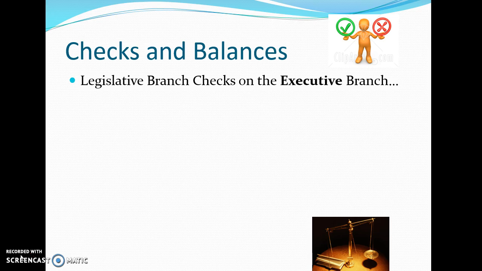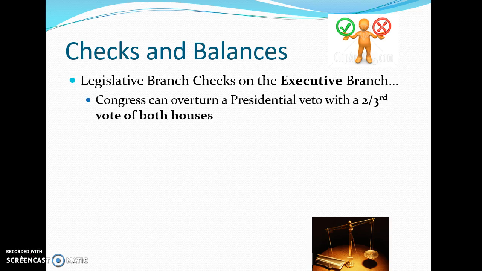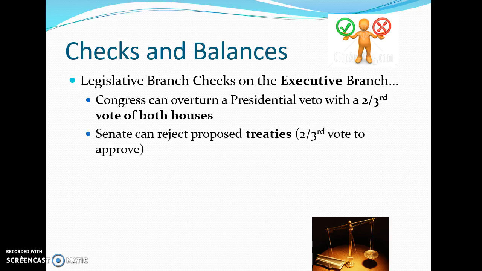Checks and balances: the legislative branch has checks on both the executive and the judicial branch. Legislative checks on the executive branch include: Congress can overturn a presidential veto with a two-thirds vote of both houses.